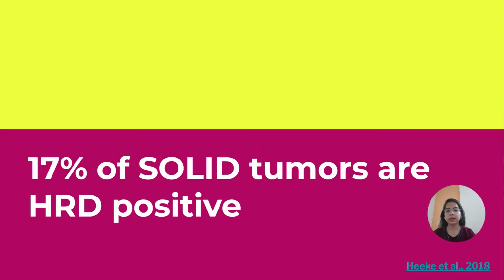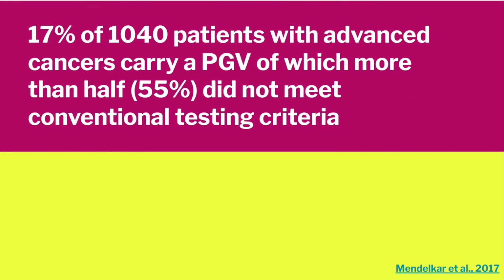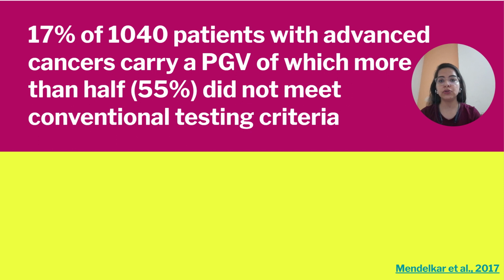Not just that, around 17% of solid tumors qualify for HRD positivity, implying that they are suitable candidates for PARP inhibitors. And in certain cancers where tumor only testing comes negative, the diagnostic utility of germline testing can be expanded and clinical actionability can be generated if there is a pathogenic germline variant.